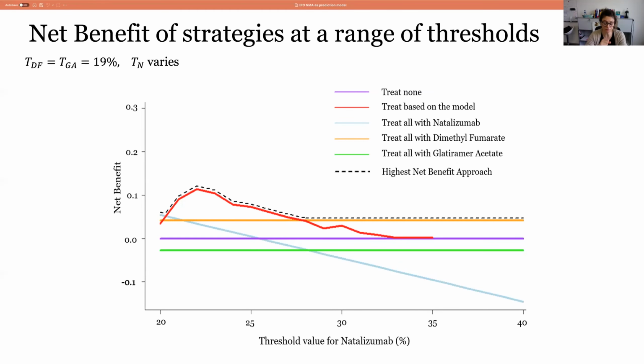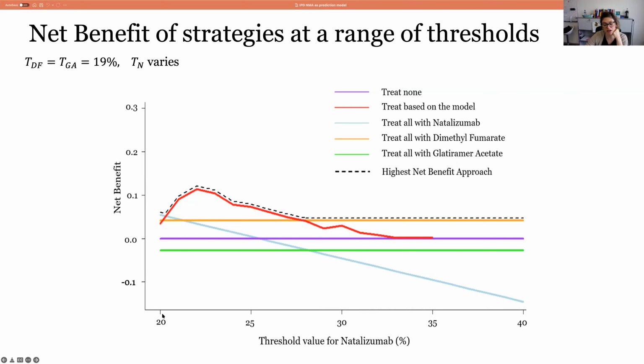Our model is not superior along the entire range of thresholds. And that means that we cannot claim that if we apply the model to make decisions in clinical practice, these decisions would be better than applying, for example, giving everybody dimethyl fumarate. And this is because we really don't know where the threshold values are.